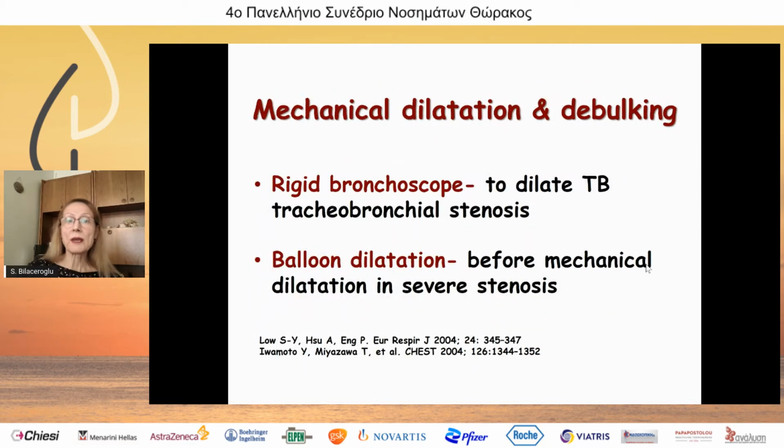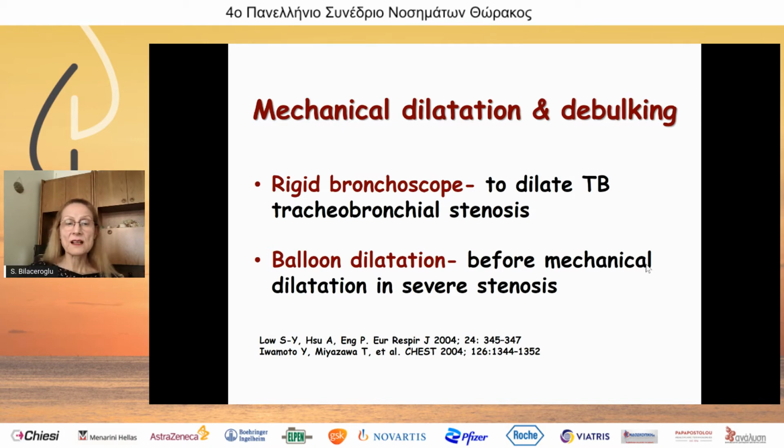When we are doing mechanical dilatation, we should not be very harsh and fast acting. First, use balloon dilatation gently before any other, like before doing the rigid bronchoscopic dilatation. If the result is good, stop.